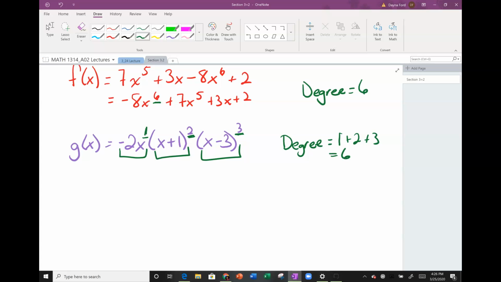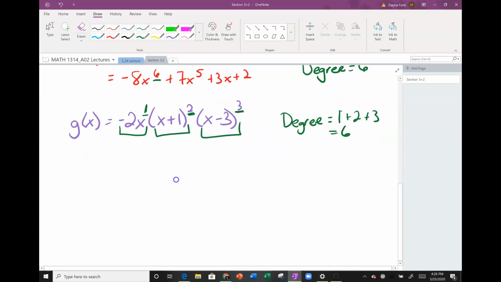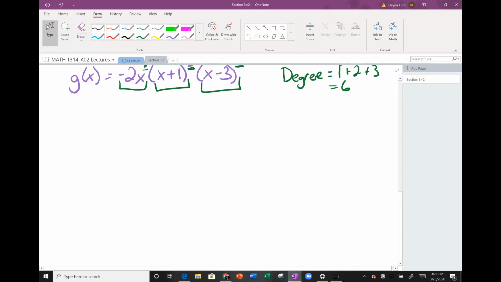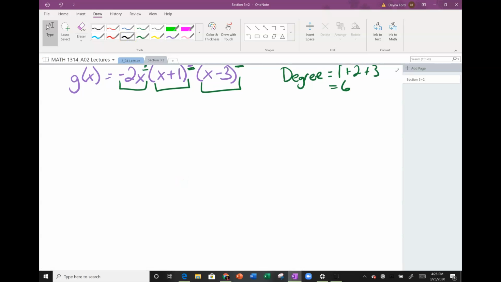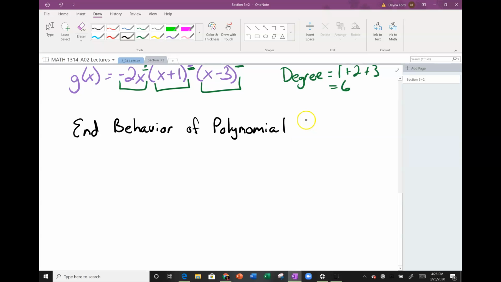Part of the reason why we go over the degree, and we will continue going over different degrees as we go forward, is that we want to look at the end behavior of these polynomial functions. And what I mean by the end behavior is what it looks like on the graph.